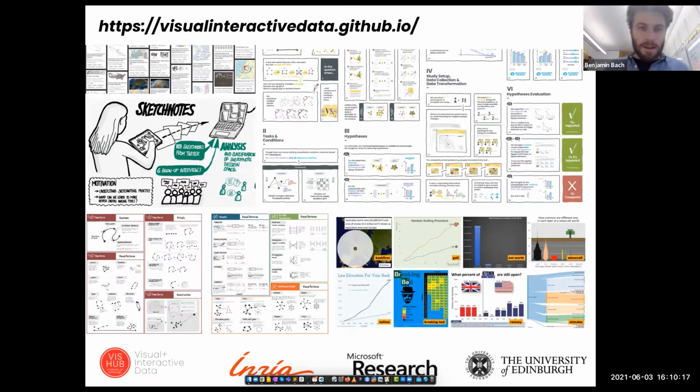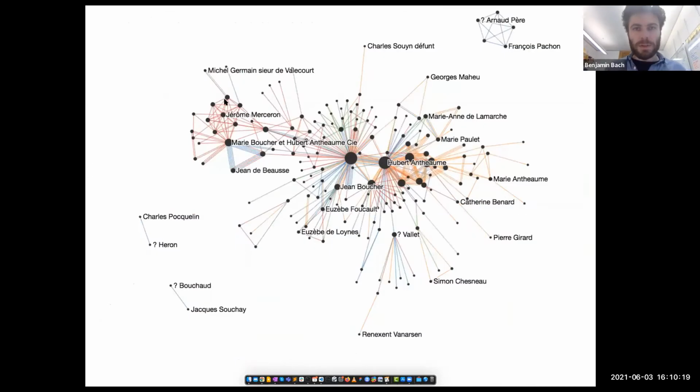visualinteractivedata.github.io. So today we want to talk about networks. And networks like these, which are familiar to, I guess, everyone has seen these graphics before, and I assume that you're experts, that you're doing your own network analysis, network visualizations.